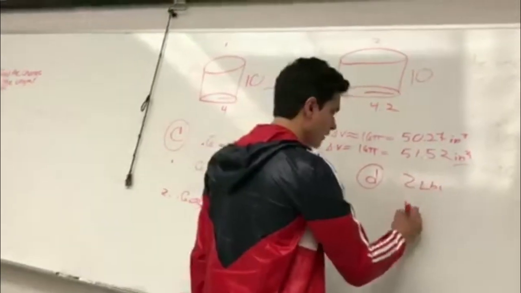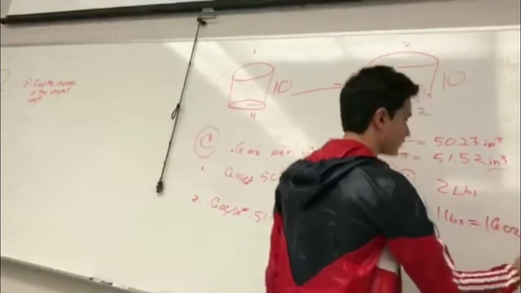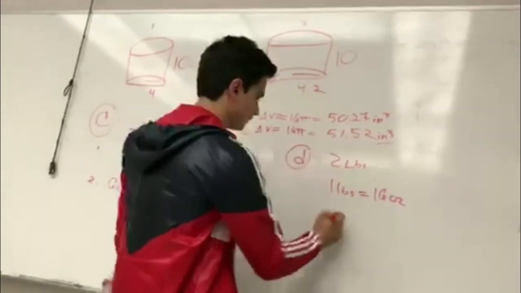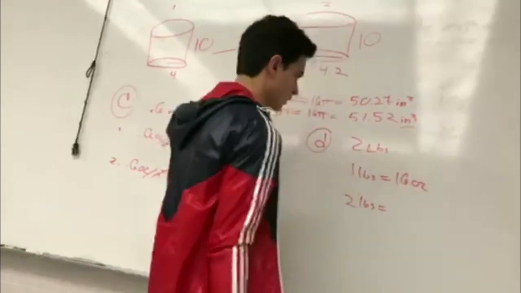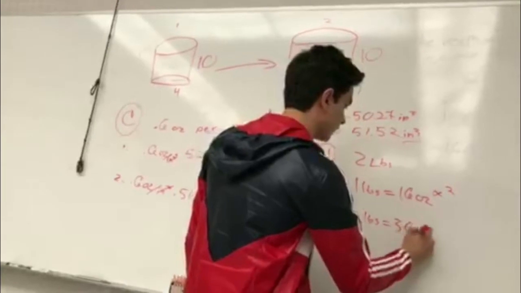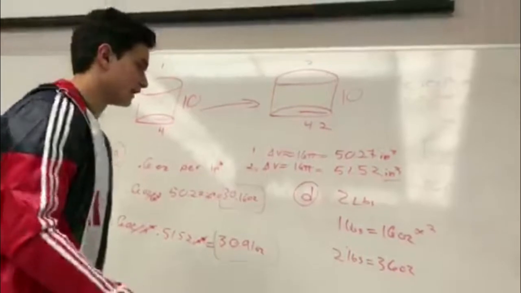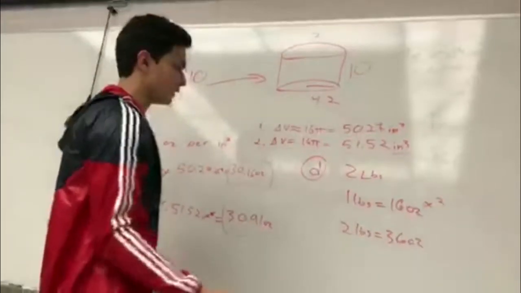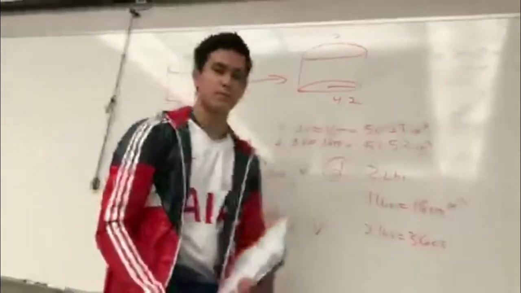We know that 1 pound is equal to 16 ounces. So multiply 16 times 2, and that's going to be 32 ounces. And from there, we can verify that they both satisfy the limit, since they weigh less than 2 pounds. So that's it. Thank you.